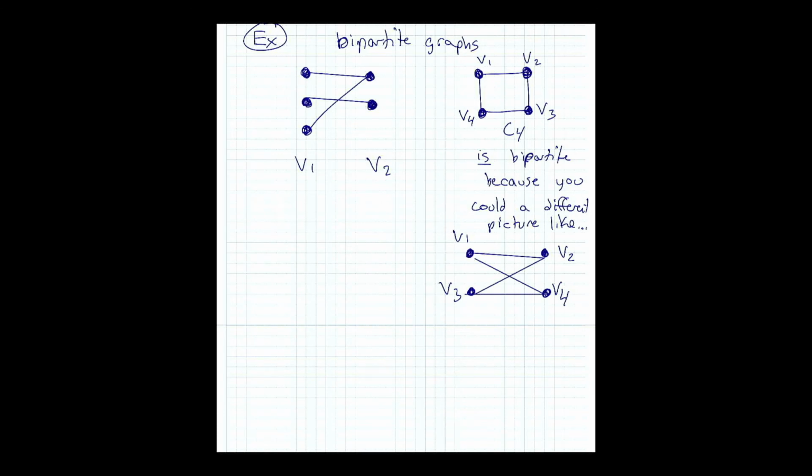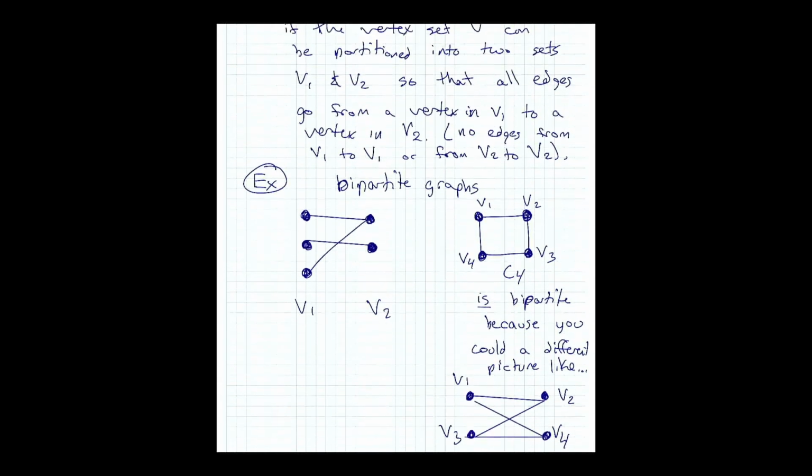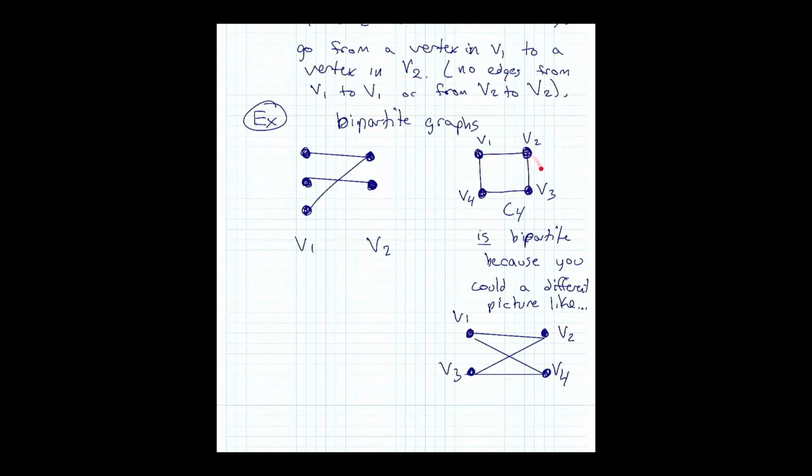All the edges are from left to right. There's none between here and none between here. So that's bipartite. It didn't look bipartite, but you can redraw it and it looks bipartite. So you have to be careful: the definition tells you if it's bipartite, not the picture.